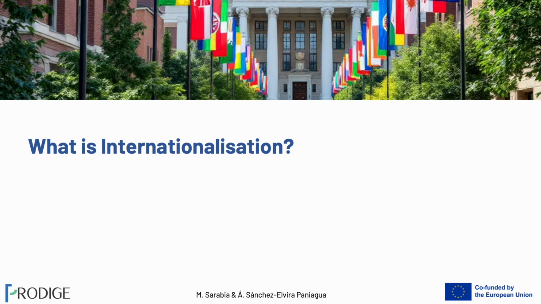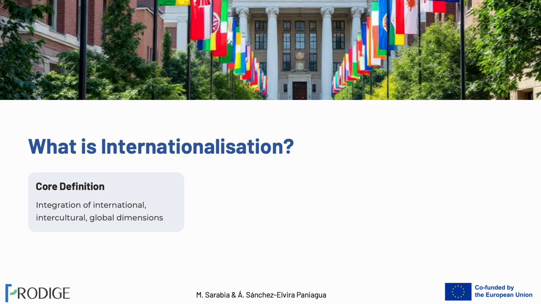What is internationalization? We continue to rely on the concept introduced by Knight in 1994, which defines internationalization in higher education as the process through which universities integrate international, intercultural, and global dimensions into their core functions: teaching, research, knowledge transfer, and knowledge exchange.